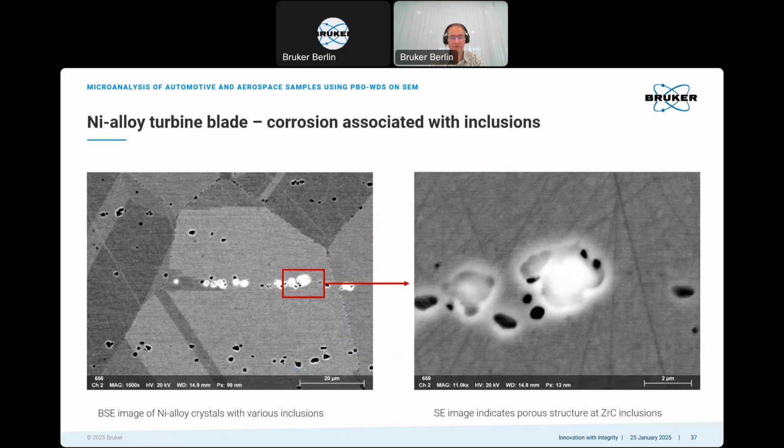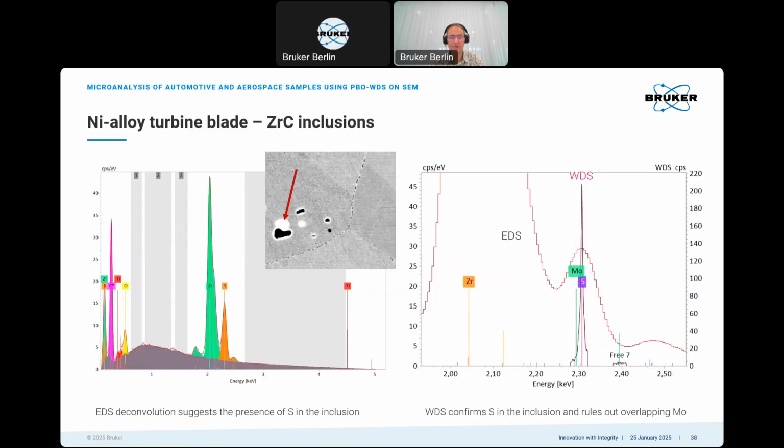The zircon carbide inclusions are associated with some corrosion. So this may be a challenge or problem for the turbines, and we have to find out what creates the corrosion.